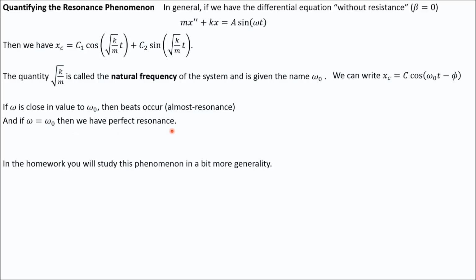There are homework problems on this, and I've already introduced you to it in the last video. But the homework problems on the website ask you to study this phenomenon with resistance as well. So you'll see how this stuff changes.